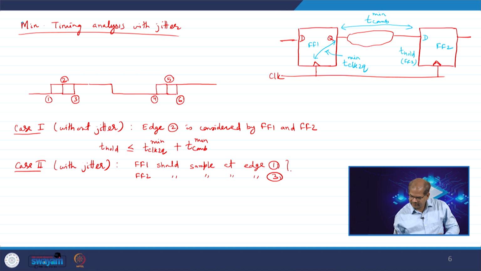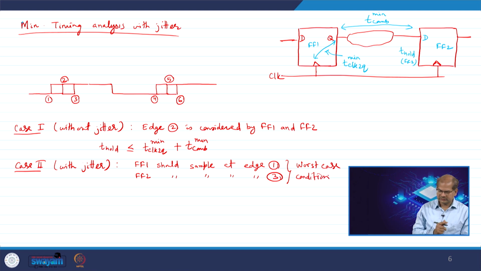This will create a worst case condition. So, this will be the sampling edge for flip flop 1 and this is for flip flop 2.